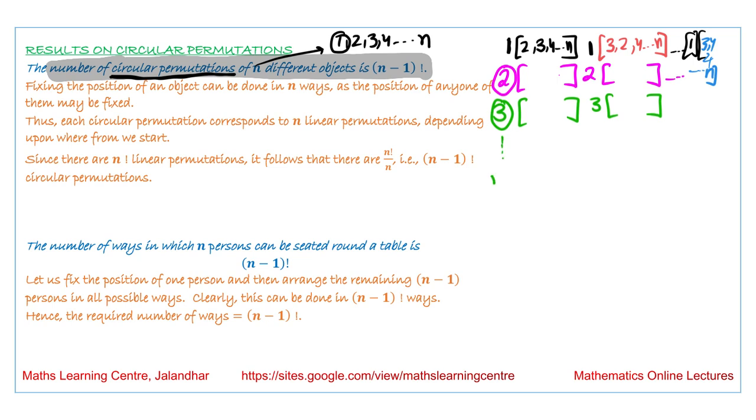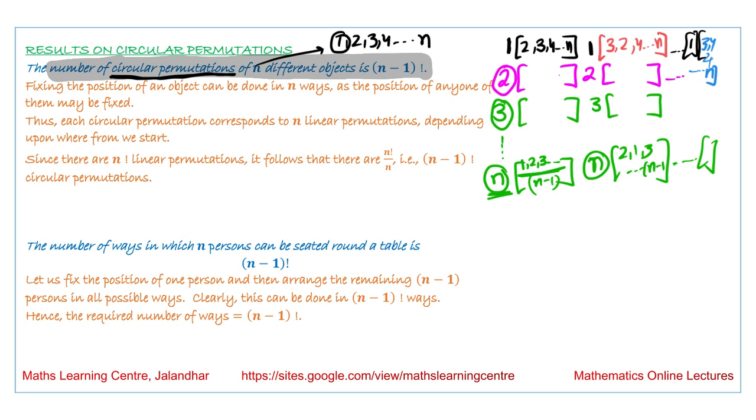Likewise, we will continue and go up to the last case, where the nth element is at the first place, and we have the permutations 1, 2, 3, so on up to n minus 1. Then with the first element n fixed, we may have 2, 1, 3, so on up to n minus 1, and these continue like this.